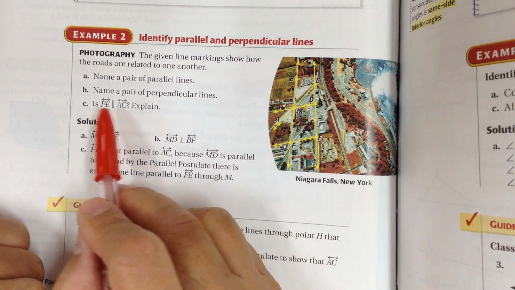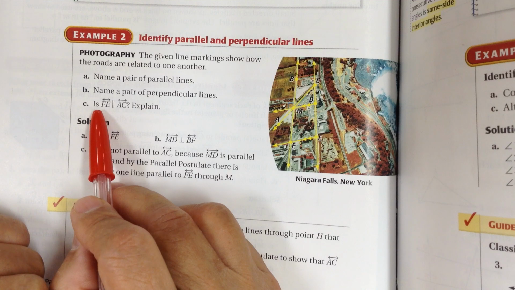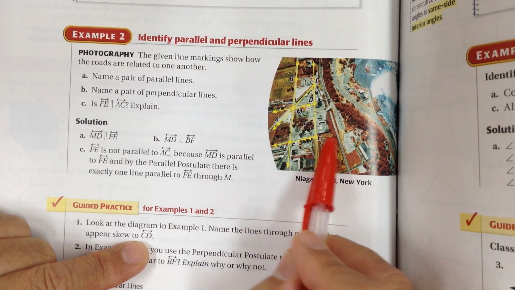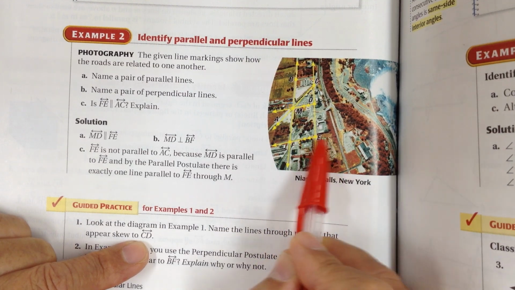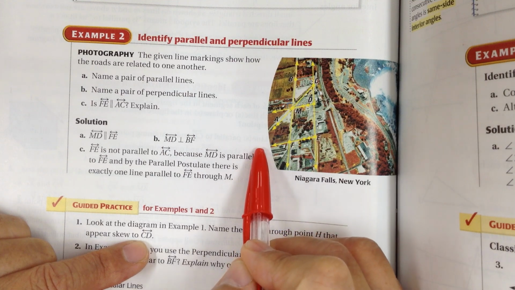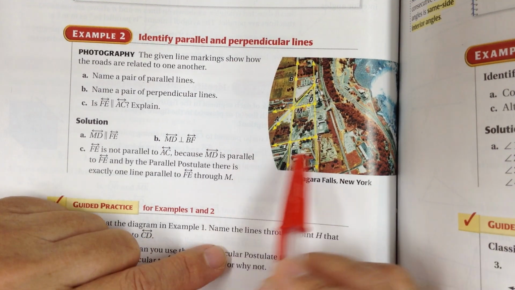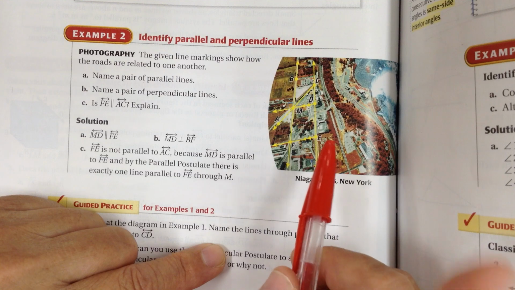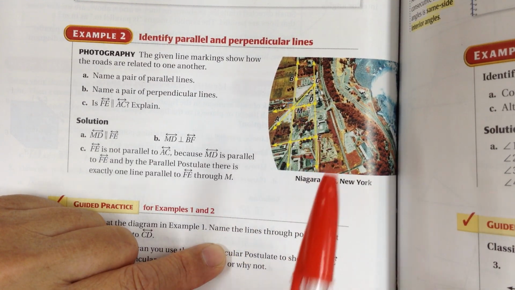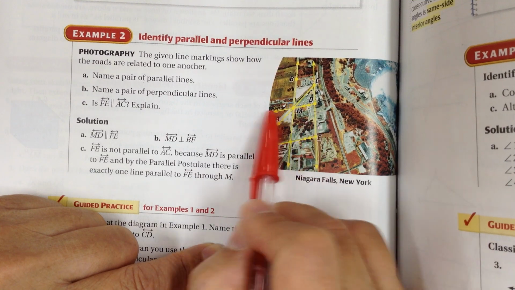Okay, so the next question is, is FE parallel to AC? The answer is no. Remember, when you have a line and a point not on the line, there's only one line that can be parallel, and we already have MD.